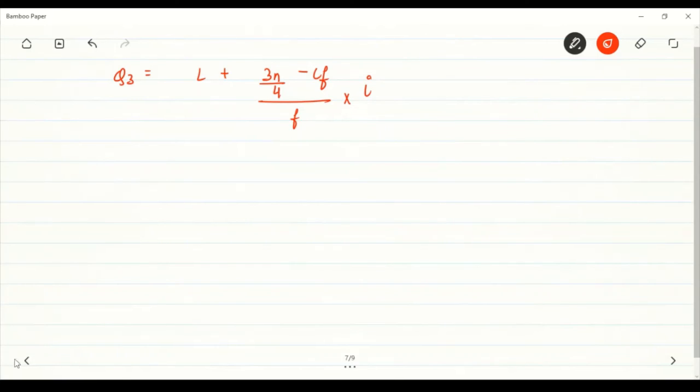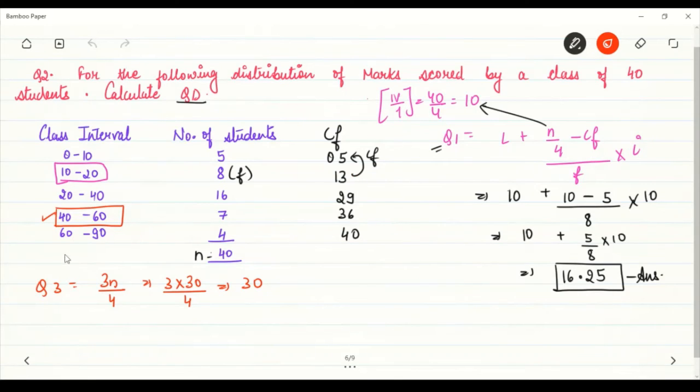Now let us see what values we require for its calculation. L1 is 40. We are having CF as 29, the value preceding the class interval. We are having 7 as our frequency and i as 20. The difference between the limits is 20.